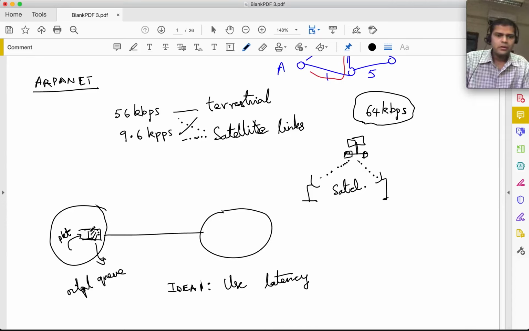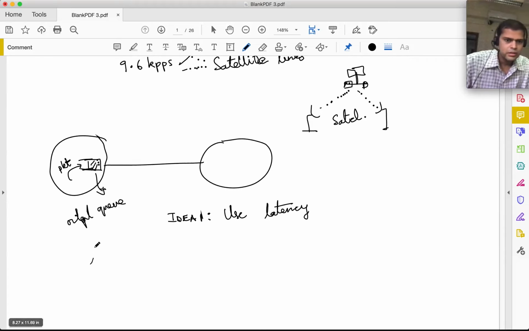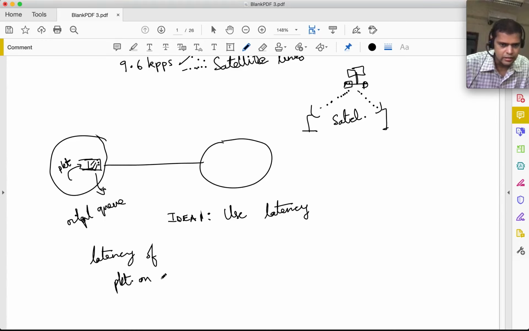I want to know what is the time the last bit of this packet actually reaches this particular router. So the latency of a packet on this link is essentially the queuing delay, the time for which this queue empties.